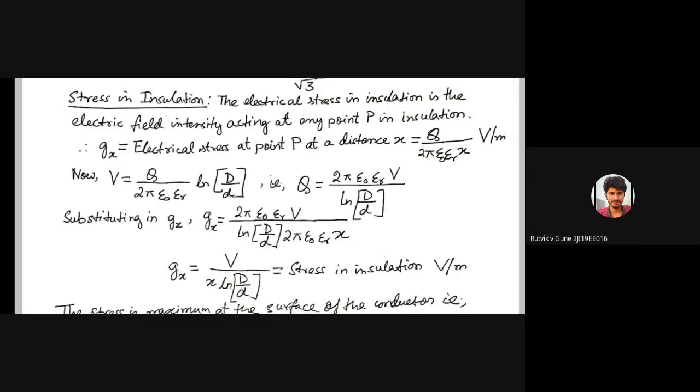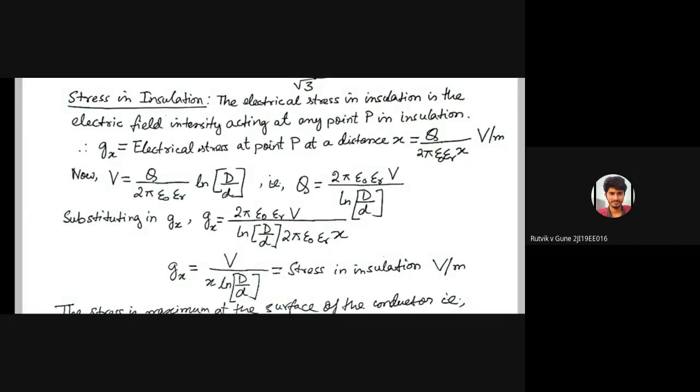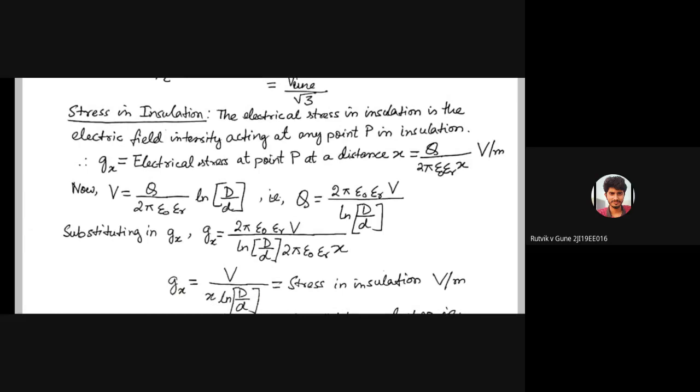Now, Gx is equal to the electrical stress at point P. As we told, the field intensity is the electrical stress. So Gx is the electrical stress at the point P at a distance x equal to q divided by 2 pi, whatever the value it was.